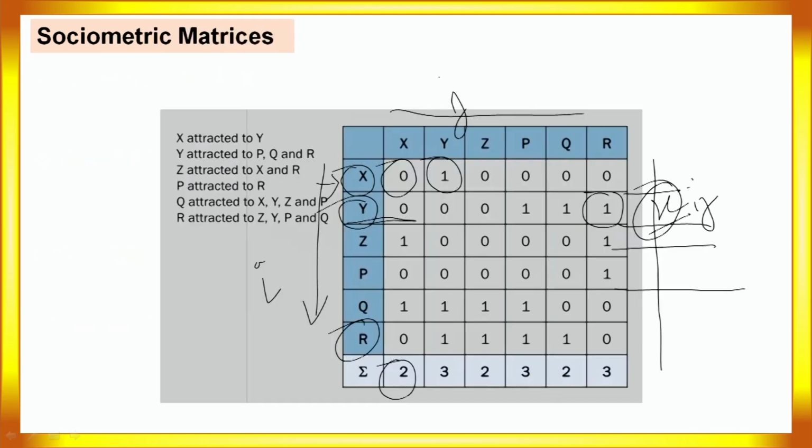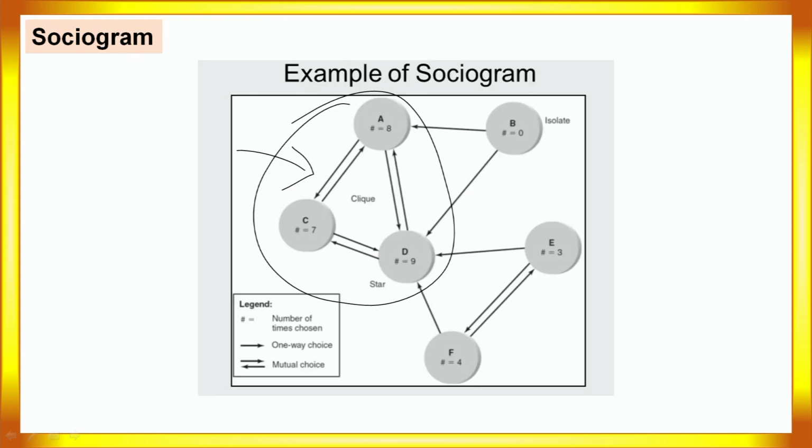Now if you go back to that sociometric matrix, how many mutual choices were there? R chooses Y and Y chooses R. Similarly, R chooses Z and Z chooses R. So we receive 2 mutual choices.